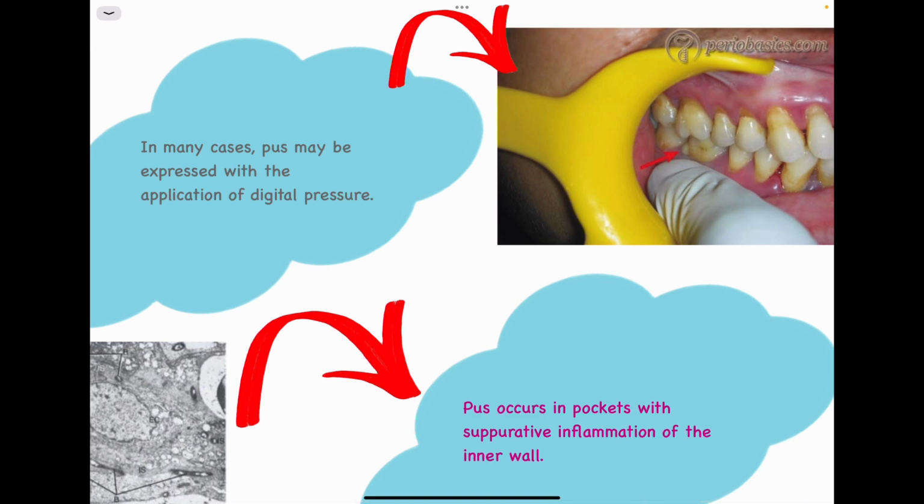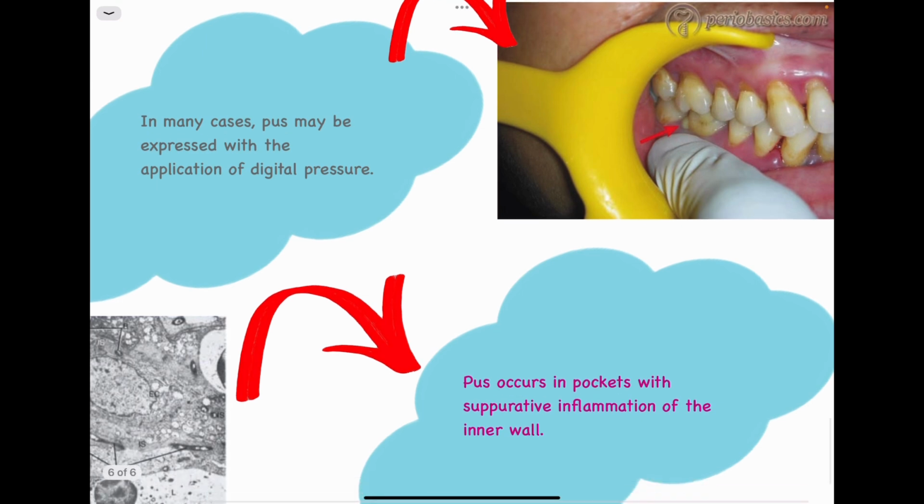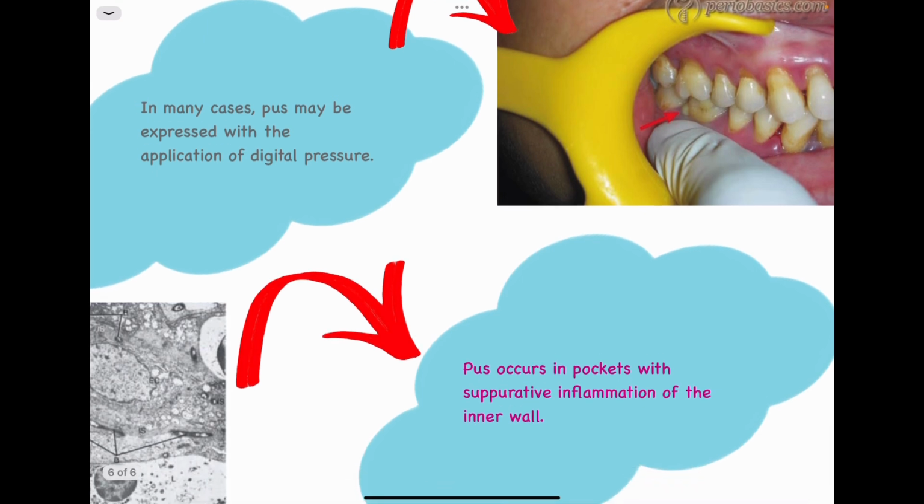Okay, so histologically, the pus occurs in pockets with suppurative inflammation of the inner wall, right? So we have studied that there is inflammation going on in the wall of the pocket, right? And there are suppurative changes, the degenerative changes, right? The epithelium is getting destroyed. There are RBCs which are getting destroyed. Okay, then there are microorganisms also which are dying.